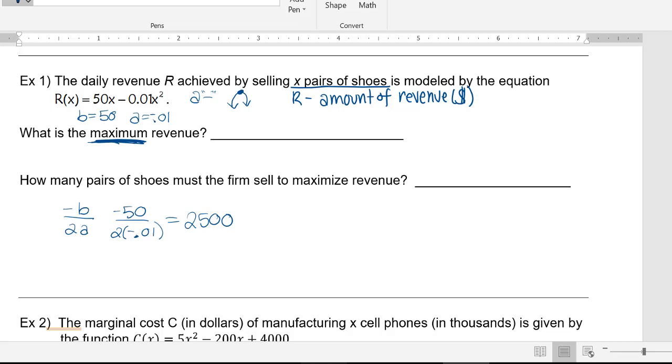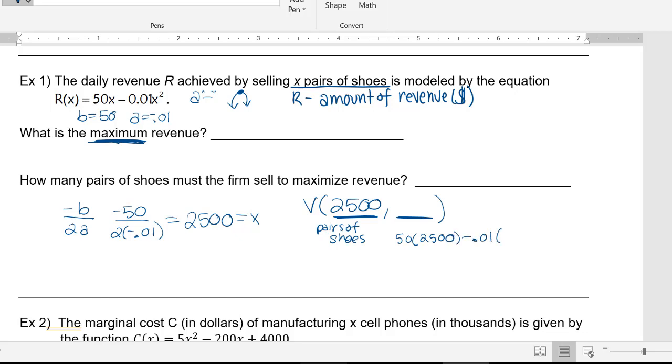So my x value of the vertex is 2,500. My x value talks about the number of pairs of shoes. So when I sell 2,500 pairs of shoes, let's see what that revenue will be. I'll plug that x value of 2,500 into my function.